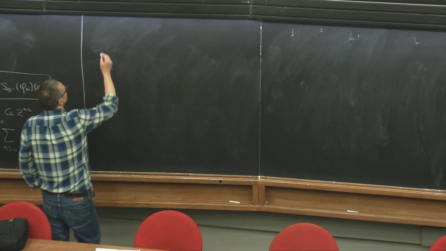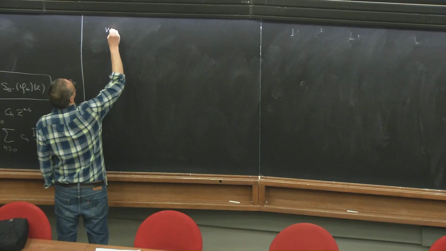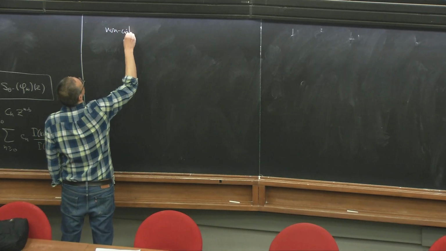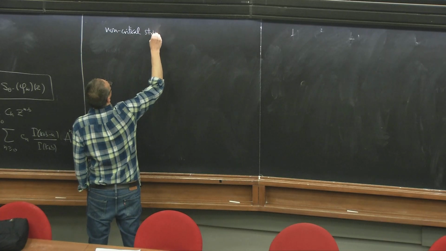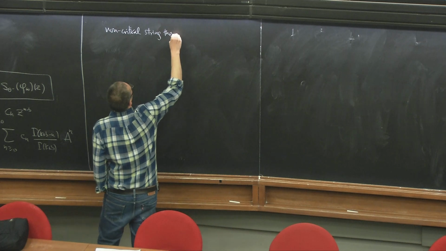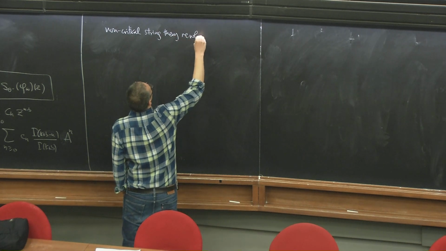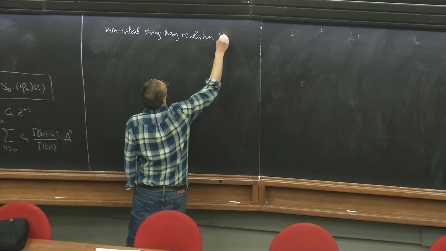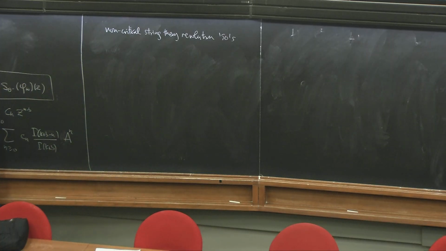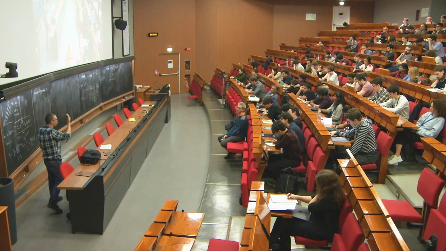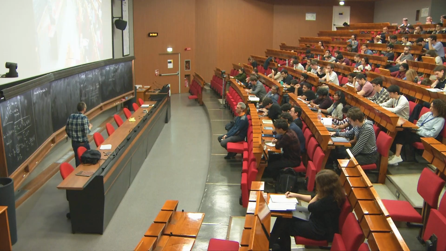So a very important development in this sense was the non-critical string theory revolution in the early 90s, where people for the first time were able to actually calculate string series, genus expansions, at all orders in the genus.